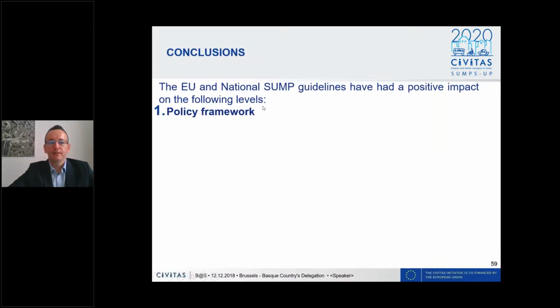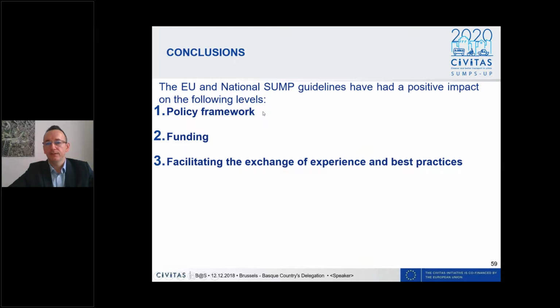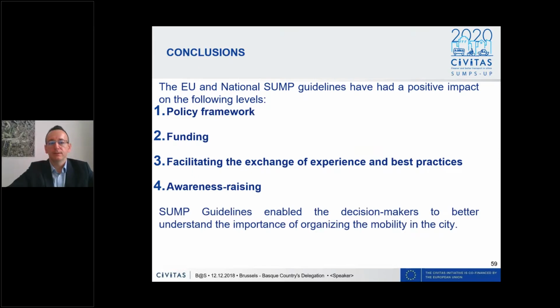Regarding the EU and national SUMP guidelines, I consider that they had a positive effect because they affected the policy framework. Of course, it ensured the funding. It facilitated the exchange of experience and best practices among various cities across various projects that were implemented, and also awareness raising was an important issue.